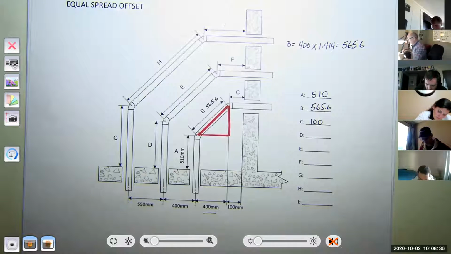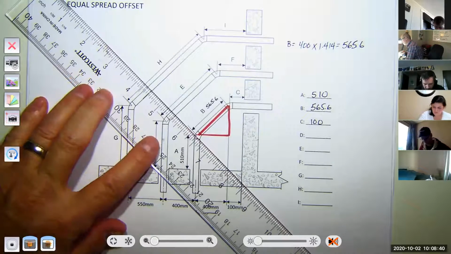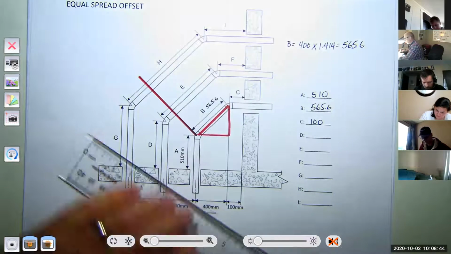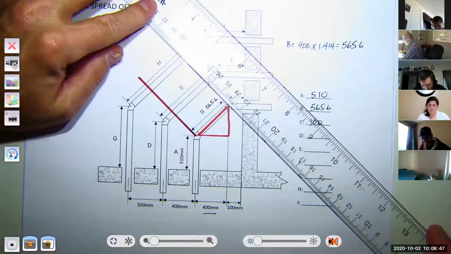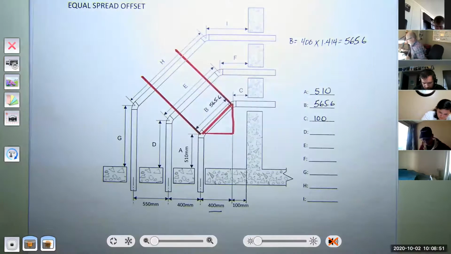And then I can extend that measurement that I've got through the offset. And I'll write in that number.